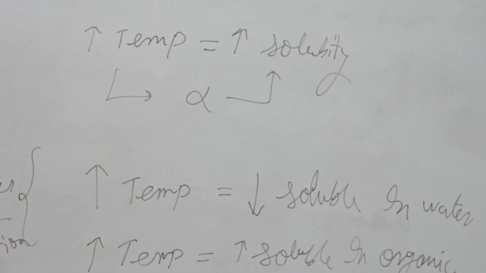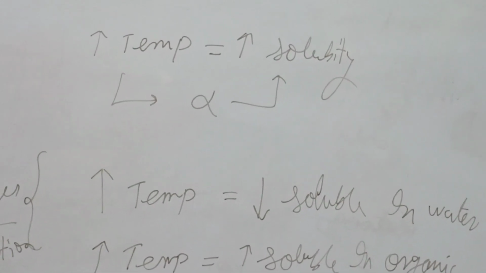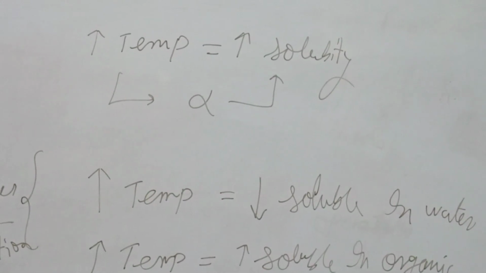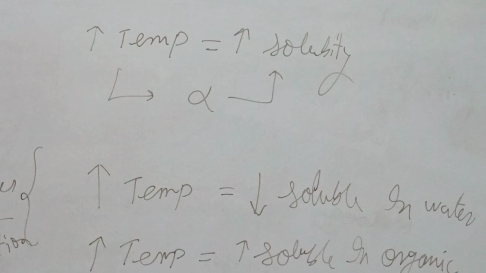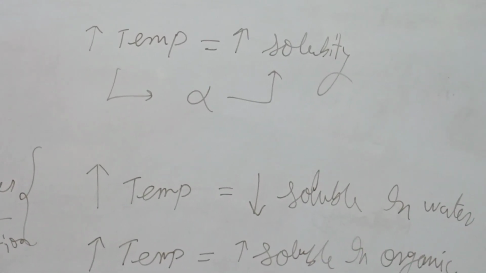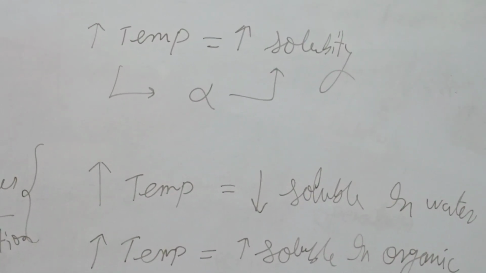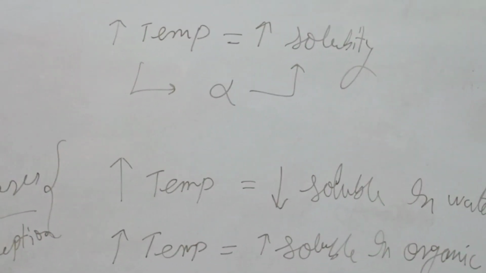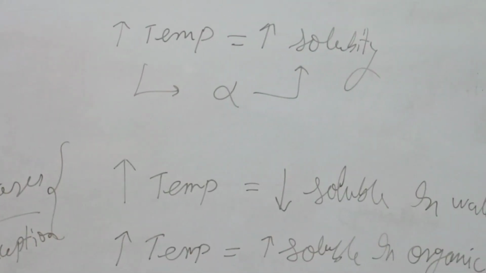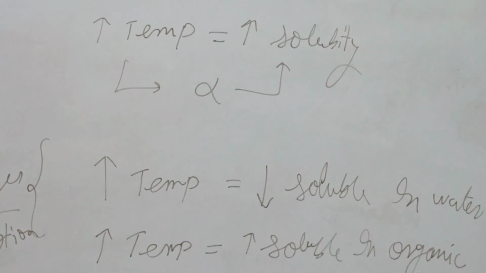I think you might have heard that if anyone wants to remove carbon dioxide from water, the water will be boiled, and the temperature of the water increases, and during this operation the carbon dioxide which is present in the water is easily removed, as exceptionally in case of gas, with increase in temperature the solubility of gas, that is carbon dioxide in water, reduces.